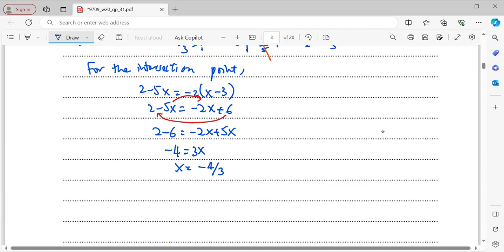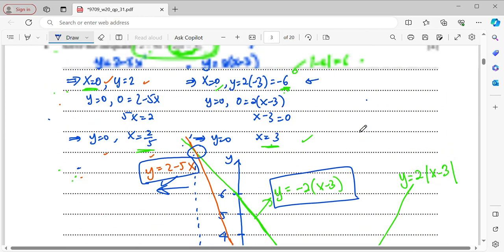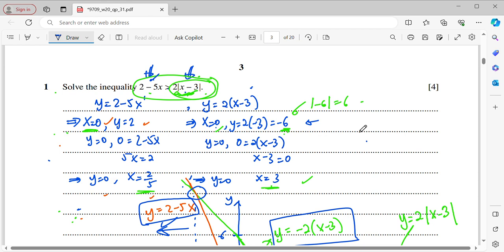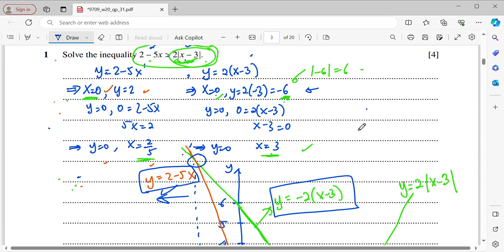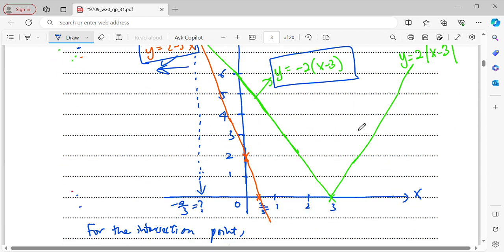So I will write 2 minus 5x greater than 2 modulus x minus 3. The solution is x less than negative 4 over 3. So this is the solution of question number 1. I'm using the graph method to solve this question.